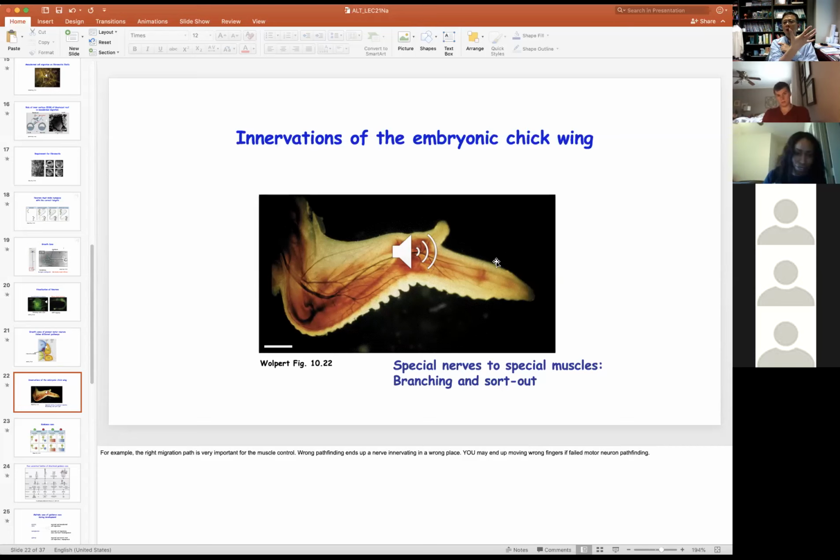But what if that neuron gets lost, and then they innervate a different finger? Then you try to move the thumb, and you end up moving a different finger, isn't it? Right. So sometimes this causes very, very significant consequences.